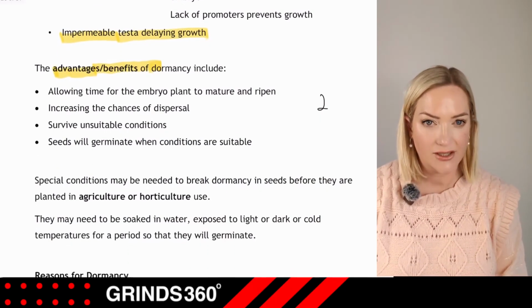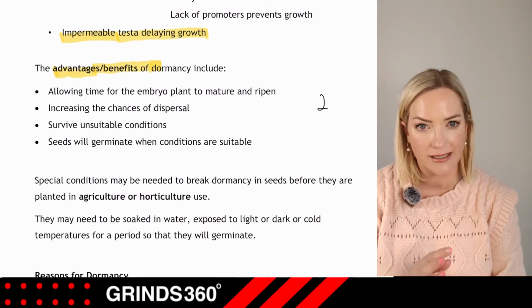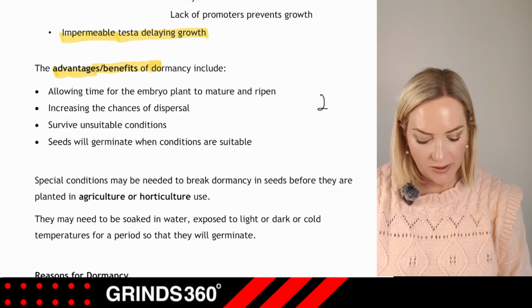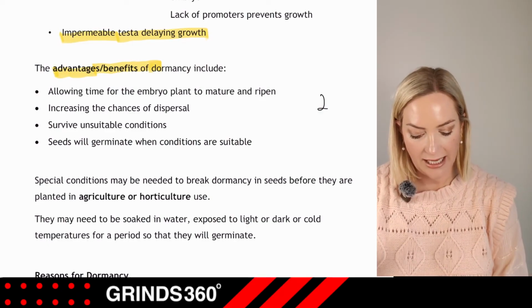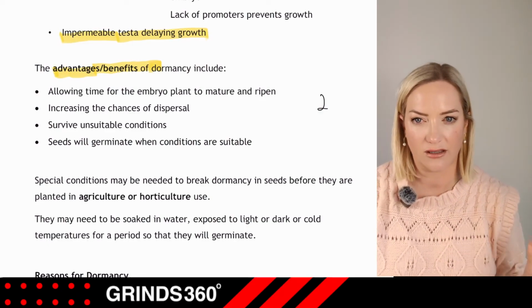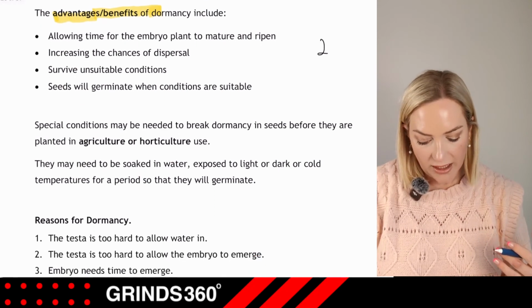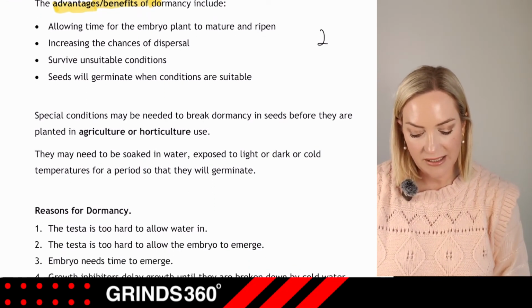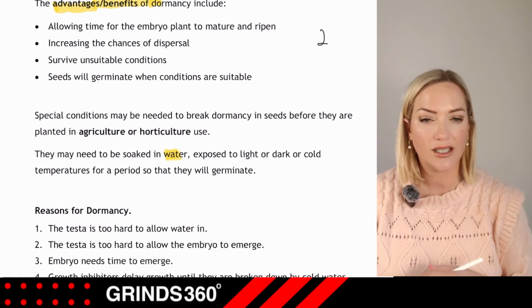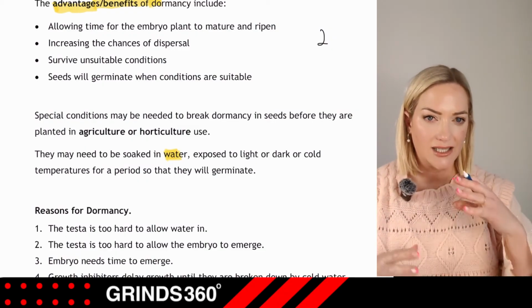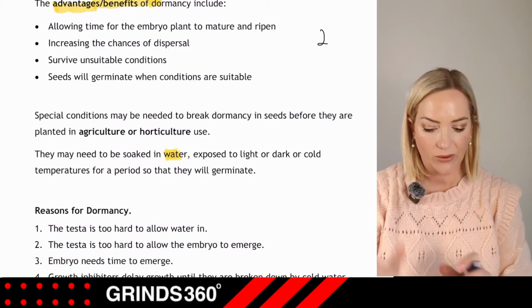So special conditions. How do we break dormancy? Special conditions can be needed to break dormancy in agriculture or in horticulture. So what could be done for that? The seed may be soaked in water. When it's soaked in water, that softens the testa. So that's linking back with the experiments.